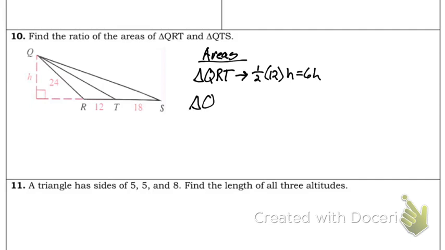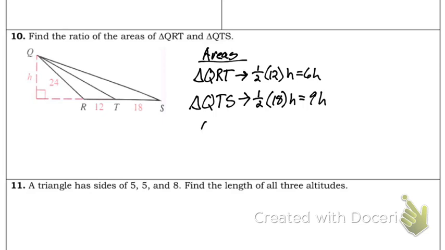The area of QTS, our base of QTS is 18. So it's going to be 1/2 times 18 times h, which is going to be 9h. Now remember, a ratio is either a fraction or we can set it up as a colon.